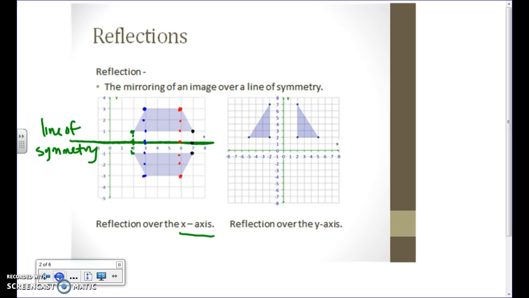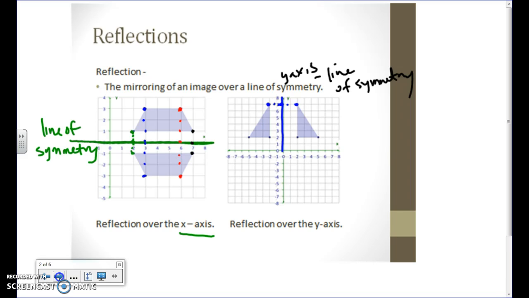In the second example here, the line of symmetry would be the y-axis. All right, and so that was kind of a bad, missed my mark there a little bit. What you can see is the same thing though. If this is the line of symmetry, I notice that this point is exactly 1 away, and this point is exactly 2 away, and this point is exactly 2 away.